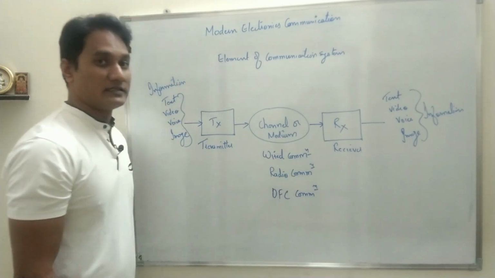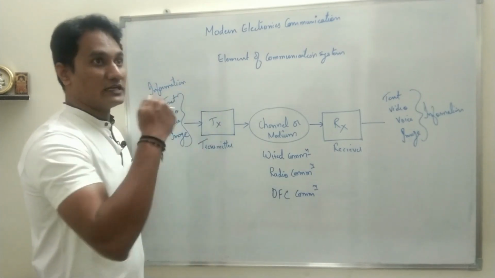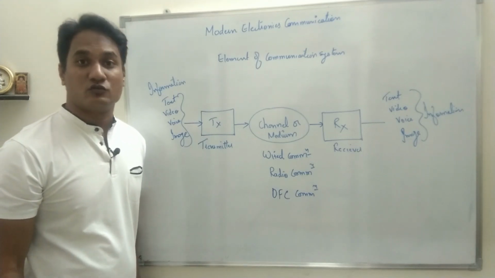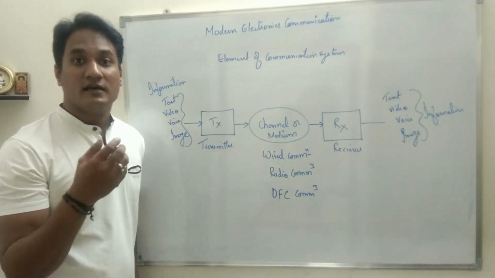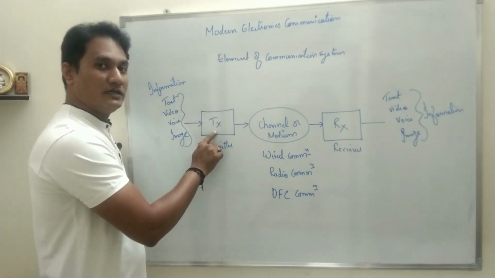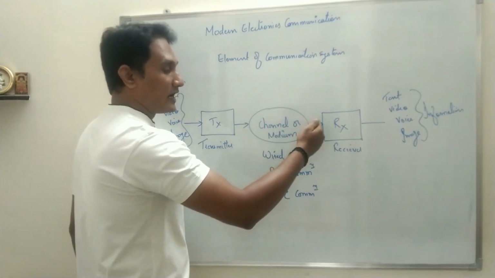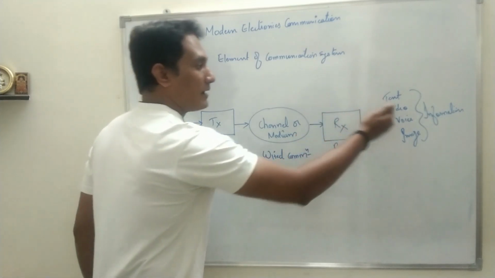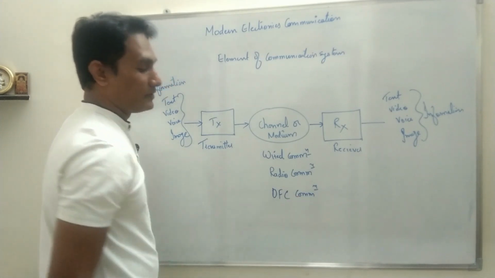Next is radio communication. When radio communication is used, information is transmitted through space. The information has to be converted into electromagnetic waves, which are called radio waves. The transmitter will convert all this information into radio signals, that is electromagnetic waves. Through the medium it will travel to the receiver. The receiver will receive it and convert the electromagnetic wave back to the information. And the last one is optic fiber cable.